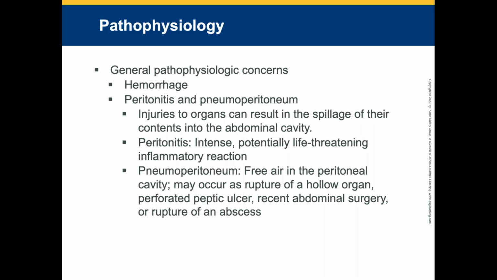Pneumoperitoneum would be free air in the peritoneal cavity, which may occur as a result from rupture of a hollow organ, a perforated peptic ulcer, recent abdominal surgeries, or rupture of an abscess as well.